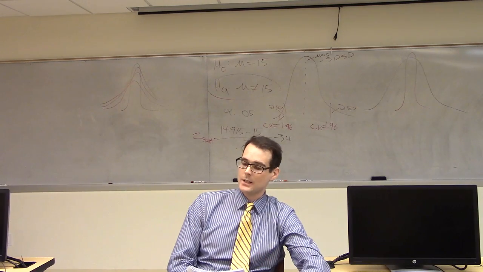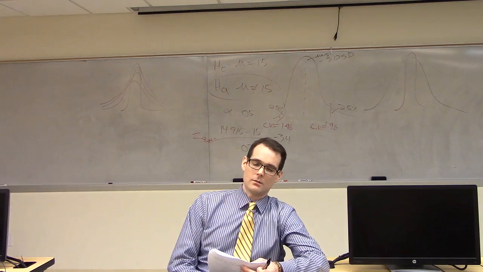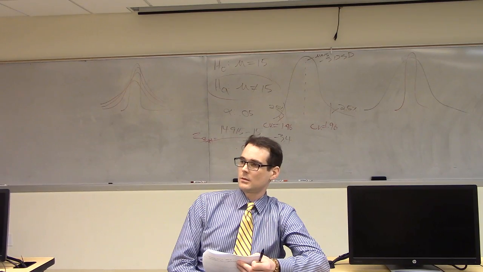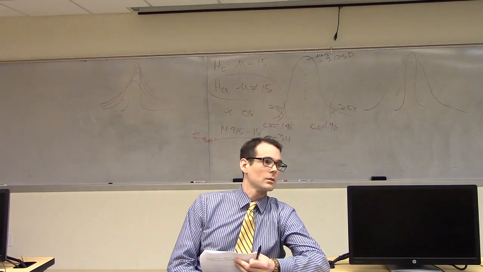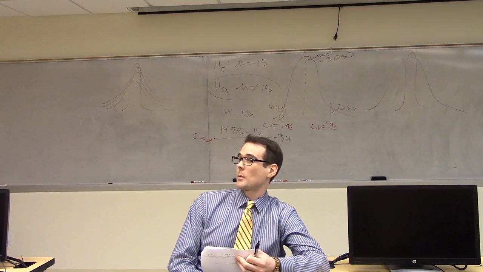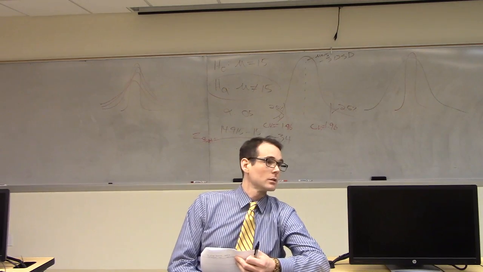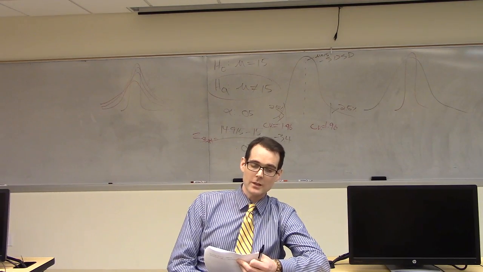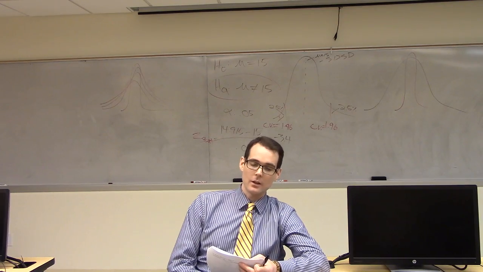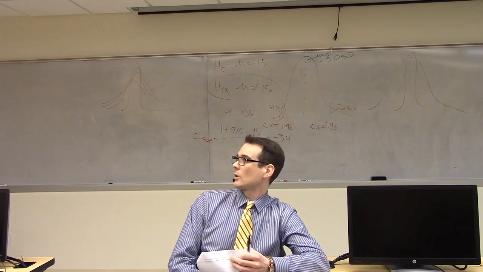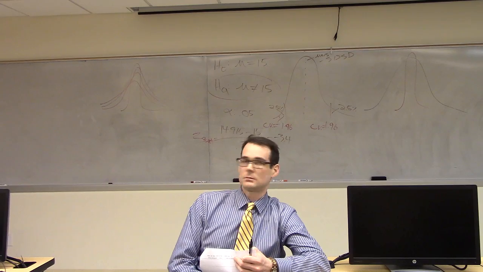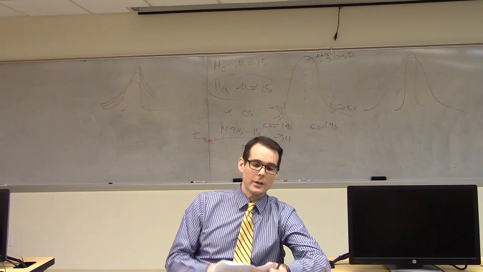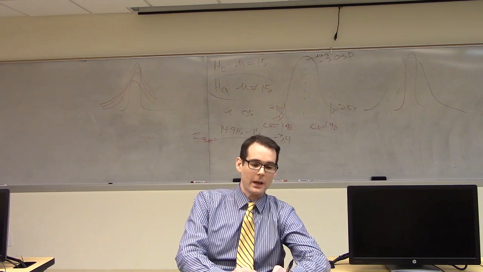That's just a fancy way of saying the new mix is making us more money. If the new mix revenue is higher, then new minus old is going to be greater than 0. So that's what we're setting up as our alternative hypothesis.